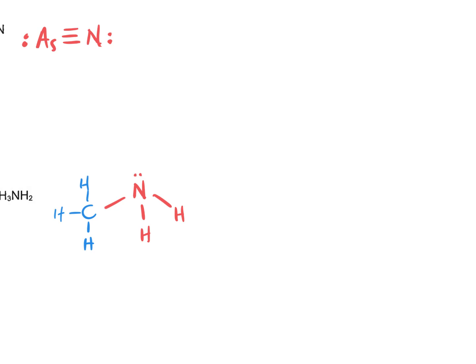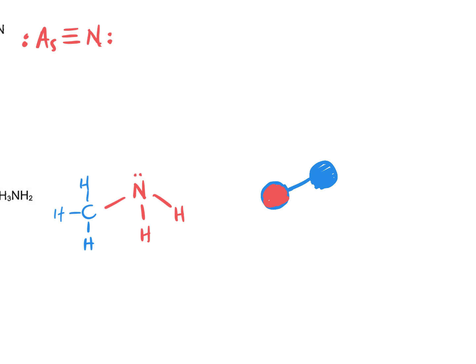All right, here's my ball and stick model. Here's nitrogen. Okay, let's call this the methyl group, the CH3 group. I'll just color it in so that it's there. That's the CH3 group.